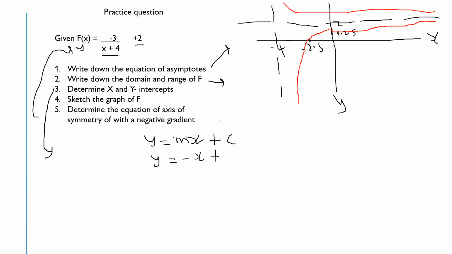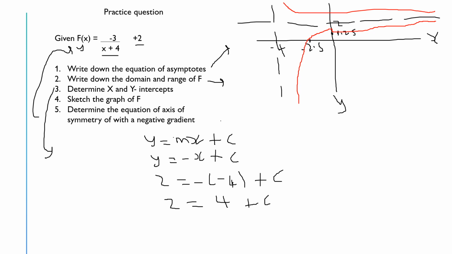Because we don't know what c is, we can use the asymptotes. We know that the y asymptote is 2, and the x asymptote, we know it's -4. Those are the two asymptotes, and then plus c. So 2 is equal to negative, and negative gives us positive, then plus c.